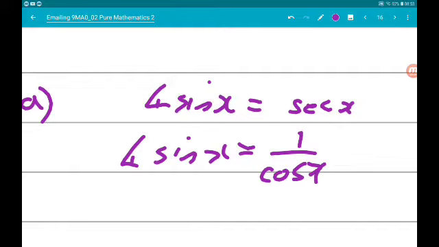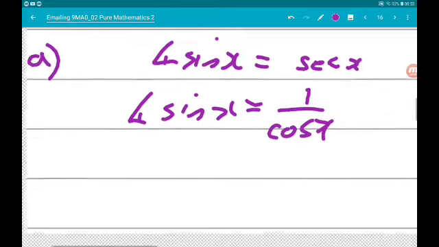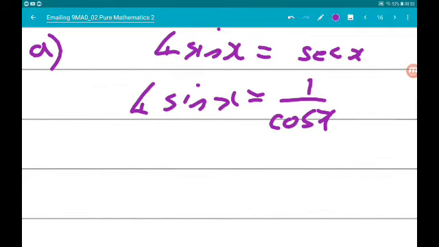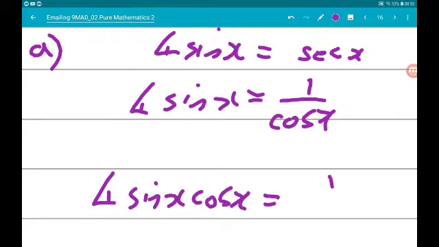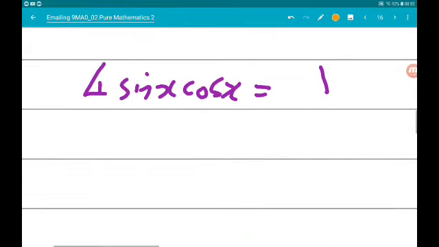We definitely don't like having that cos x down there. So let's multiply through by cos. So then we get 4 sine x cos x is equal to 1. Now, we need one of our identities here to start.